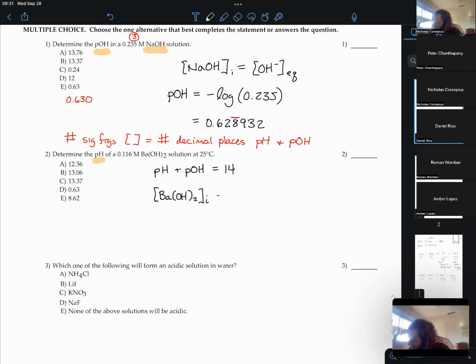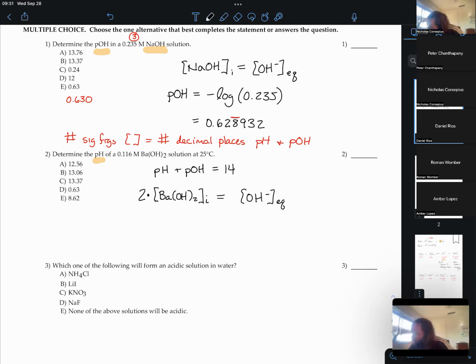This is going to be equal to 2 times the, I lied. Rather, the concentration of hydroxide ions is going to be equal to 2 times that barium hydroxide concentration, because each barium hydroxide has 2 hydroxides, right? So I got to account for that mole ratio there.